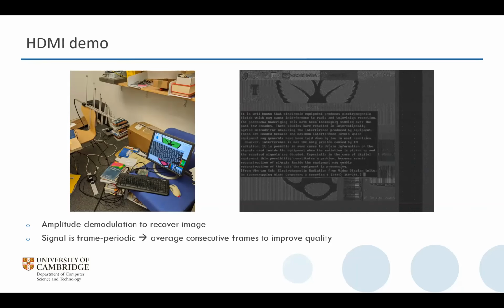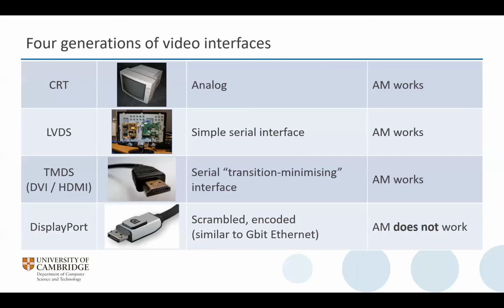And other than HDMI, well, we essentially have 4 generations of video interfaces that might be interesting to an eavesdropper. The oldest ones, CRTs, have been targeted and demonstrated to be vulnerable to a similar approach back in the mid-1980s by a Dutch researcher called Wim van Eck, after whom this is also known as Van Eck phreaking.